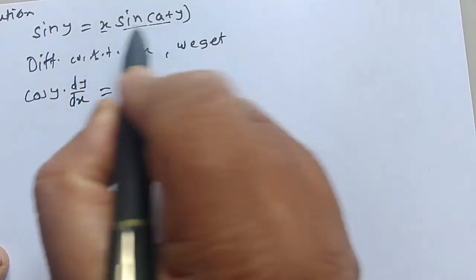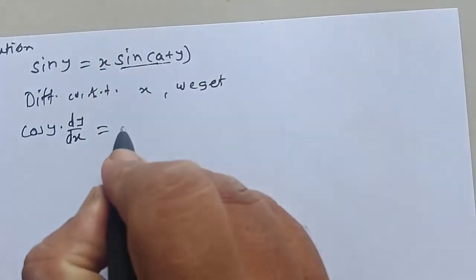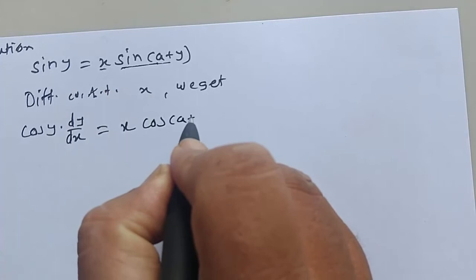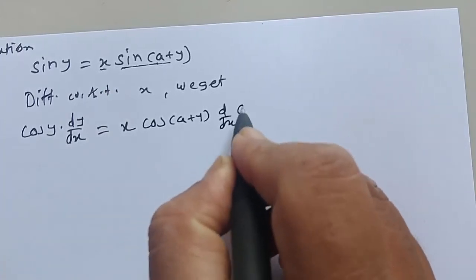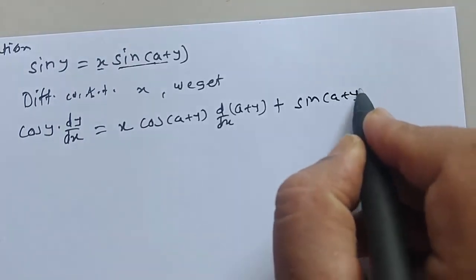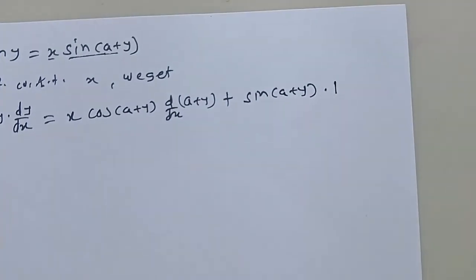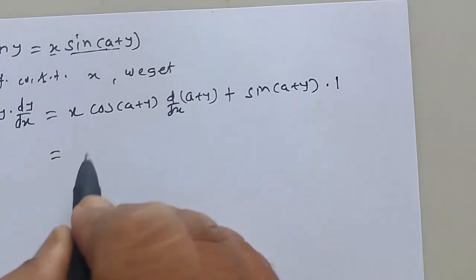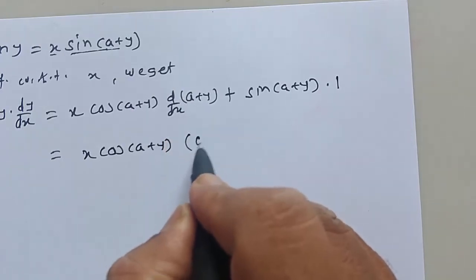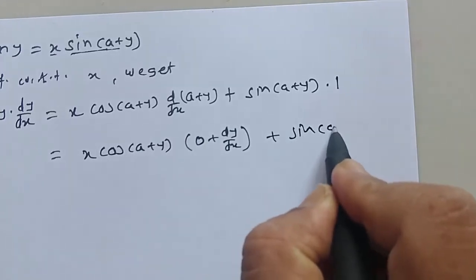is equal to, here it is a product rule, so we apply the product rule. Keeping x constant, the derivative of sin is cos(a + y) into the derivative of (a + y), plus keeping sin(a + y) constant and differentiating x with respect to x, it becomes 1. So this is equal to x cos(a + y), the derivative of a is 0, the derivative of y is dy/dx, plus sin(a + y).